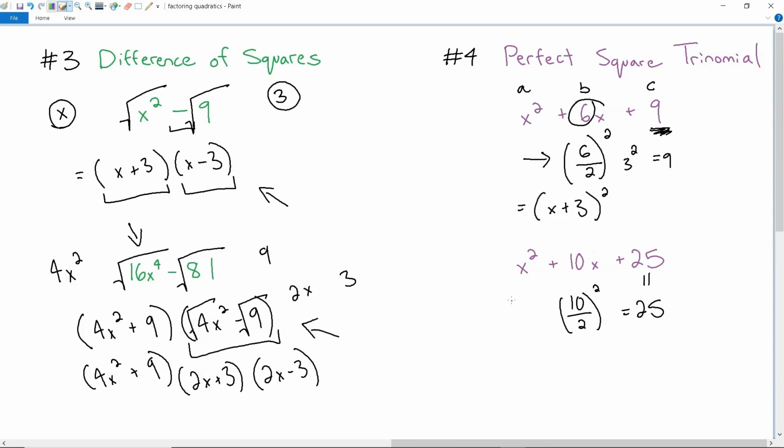And if I take my b value and divide it by 2, all I need to do is plug this into a bracketed term and square it. And that's my answer. So, lots to take in, lots of rules to remember, but we have a foolproof way of checking our answer in any case.